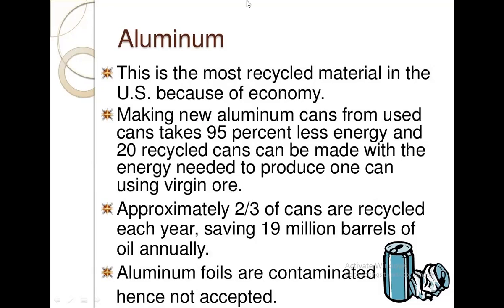These aluminum foils are contaminated, therefore they are not accepted and not in use. After drinking any cold drink, Coca-Cola or Thums Up, the can is made of aluminum. It is shown here. Any cold drink can can be recycled and reused.